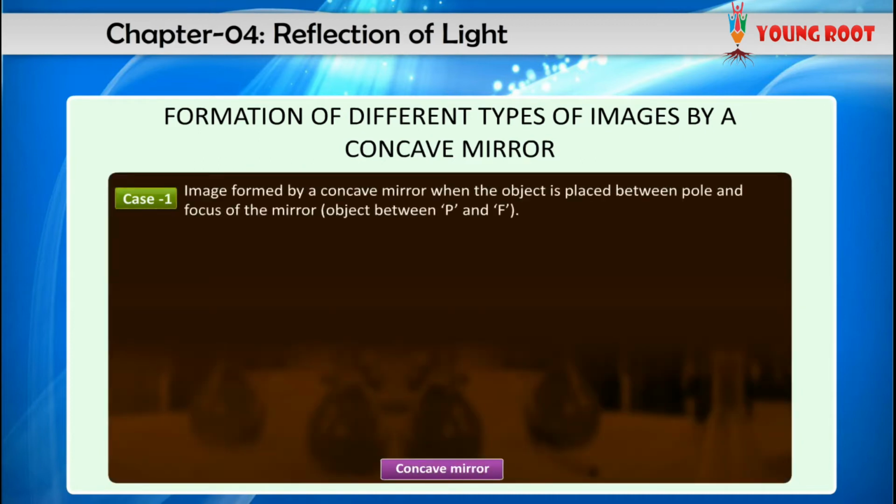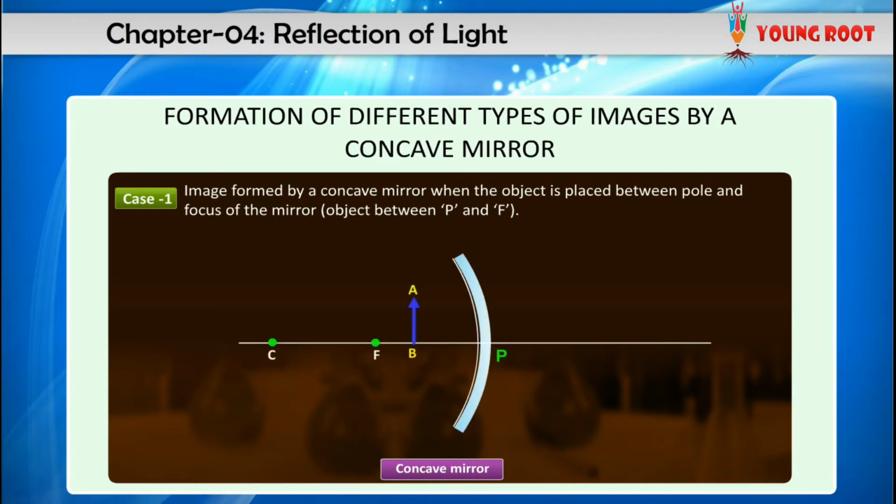Case 1. Image formed by a concave mirror when the object is placed between pole and focus of the mirror, object between P and F. We have an object AB placed between the pole P and focus F of a concave mirror. That is, the object is within the focus of the concave mirror.